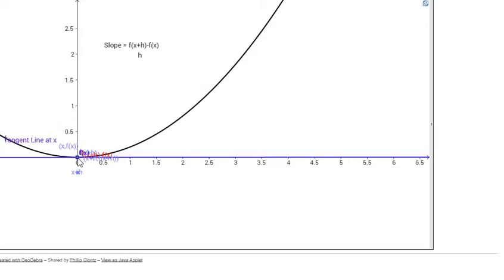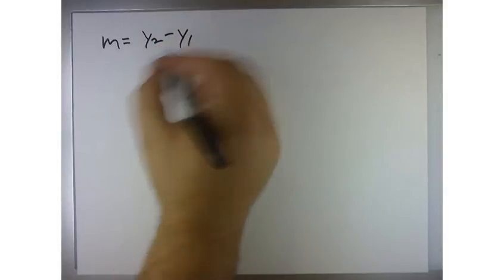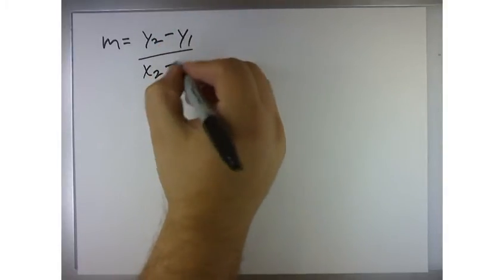However, I cannot plug in the same point twice. In other words, I cannot go in here and say m, which is y sub 2 minus y sub 1 all over x sub 2 minus x sub 1.